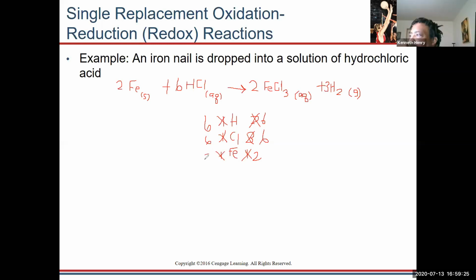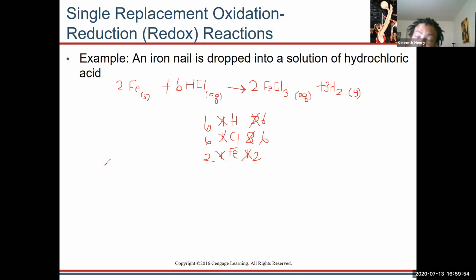Okay, it's balanced, right? Yes. Okay, so let's do the total ionic equation. Would you just start off with Fe?